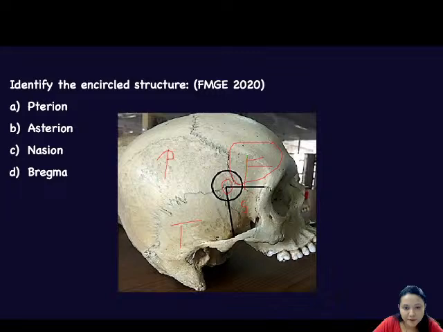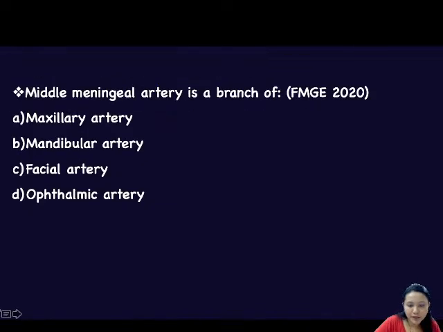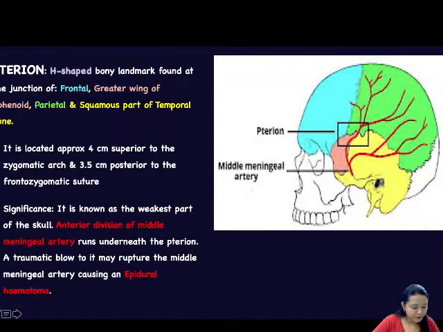This is the Pterion, and its significance is that the middle meningeal artery will be below this Pterion. So any blow to this region will lead to rupture of this artery, and इसका rupture से क्या होगा? You will have an epidural hematoma.